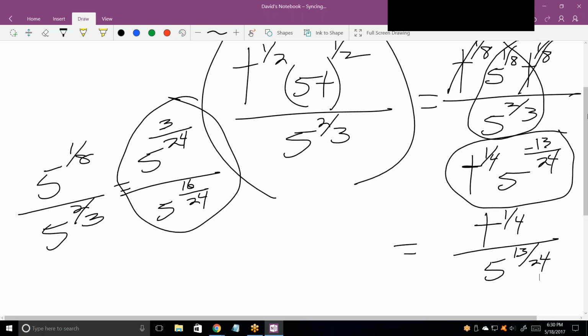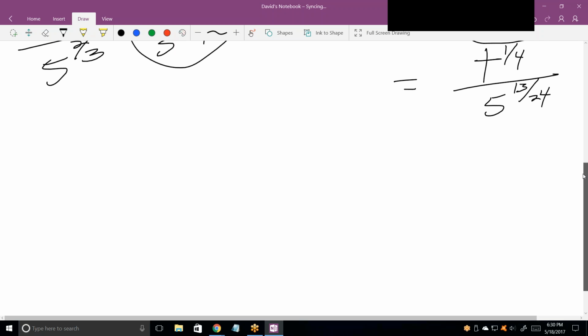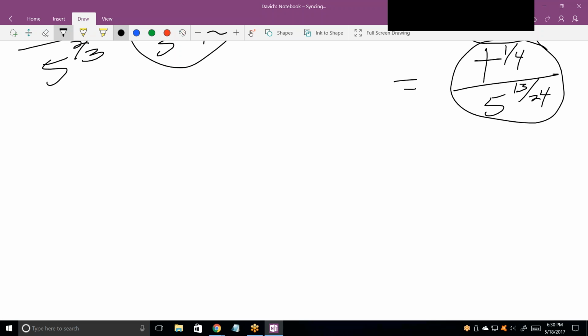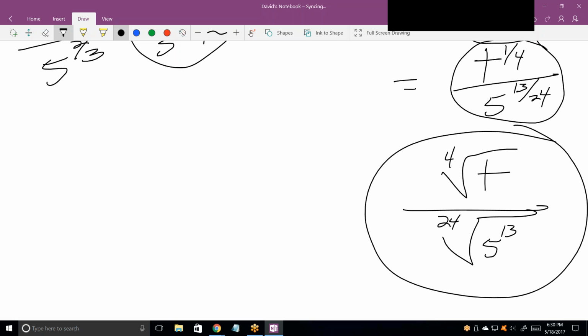Now, the truth is that in all higher mathematics, fractional exponents work far better than radical signs. So this is a far better answer than 4th root of t divided by the 24th root of 5 to the 13th. That would also be acceptable.